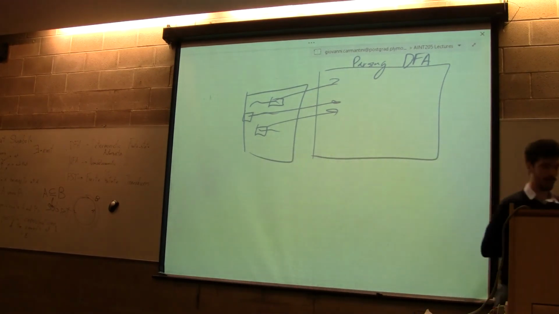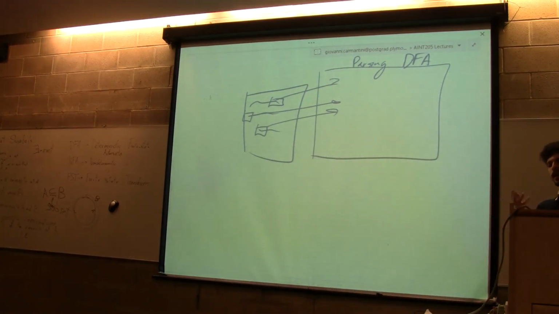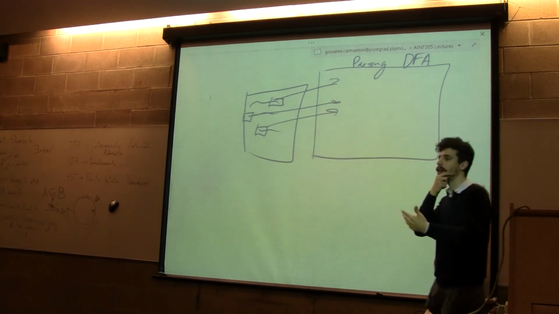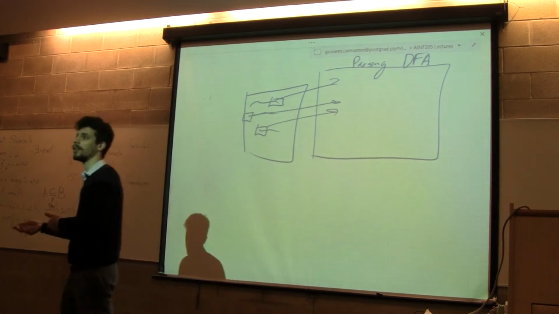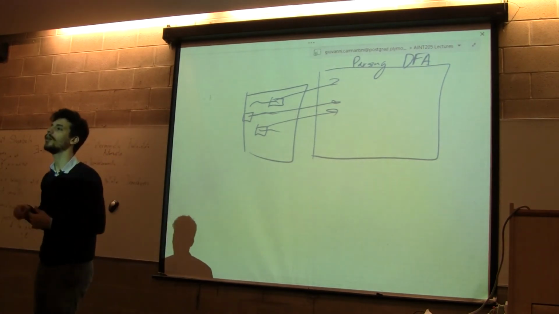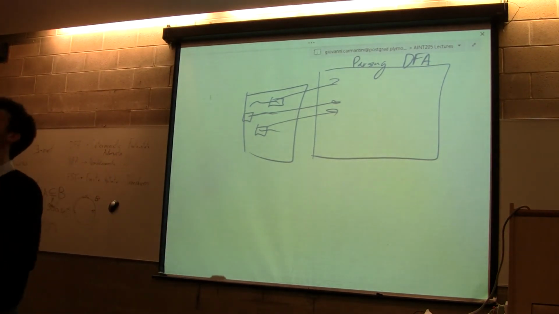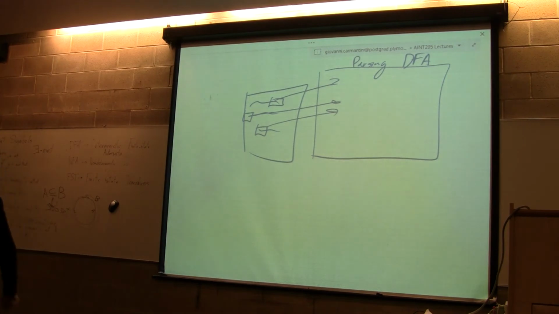So if you learn a language, first you learn the words. Okay, lexical analyzer, exactly, thank you. It's a lexical analyzer. When you learn a new language, the first thing you do is learn the words.